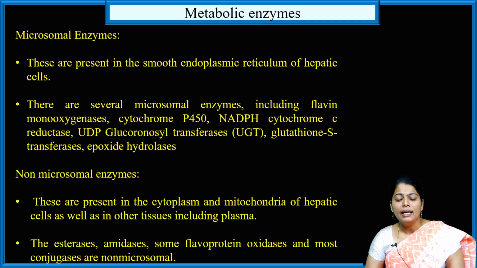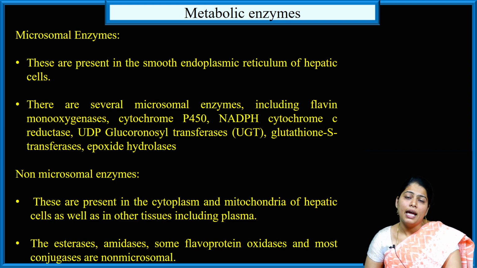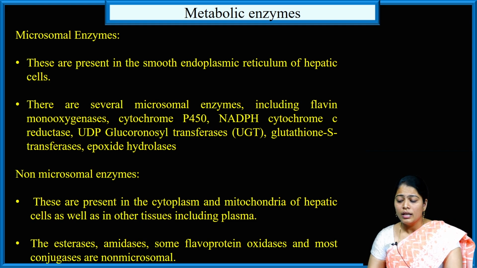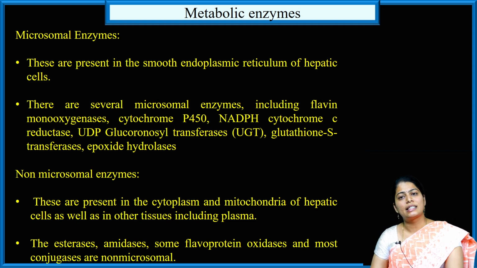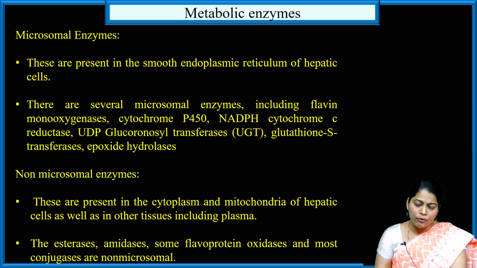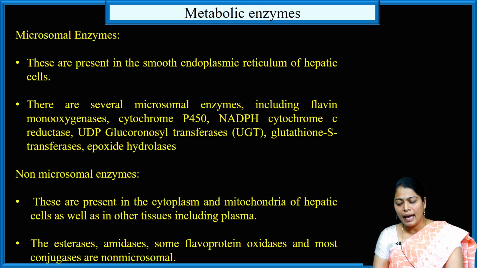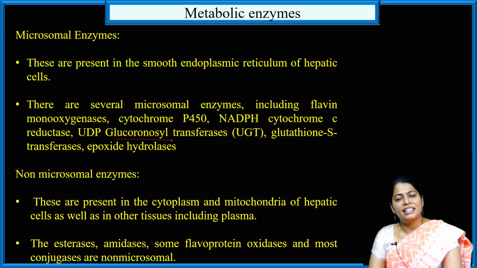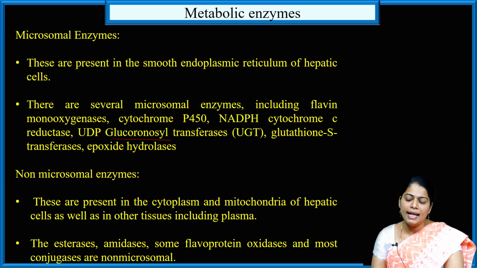Thereby these microsomal enzymes increase the hydrophilicity of the drug. These microsomal enzymes include the flavin monooxygenases, cytochrome P450, NADPH cytochrome C reductase, and UDP glucuronosyl transferase. All these are examples of microsomal enzymes.